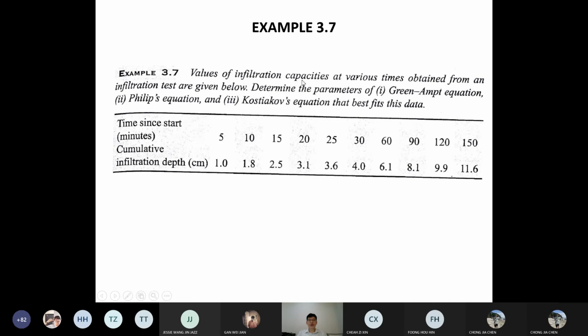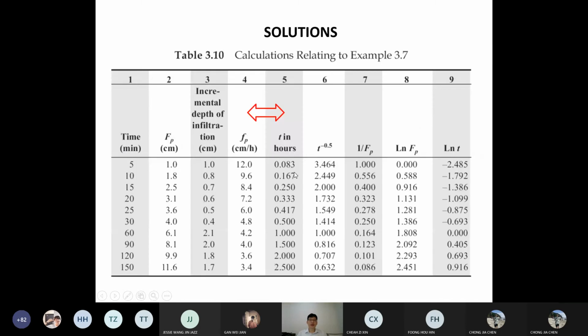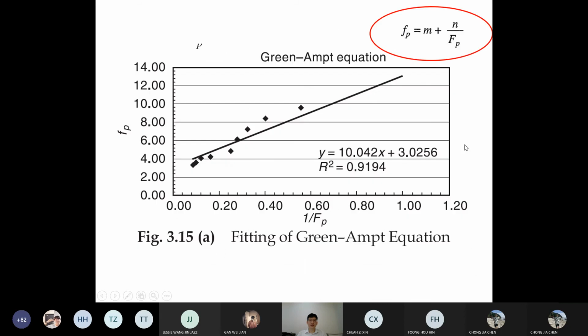You can see the values of the infiltration capacity at various times obtained from an infiltration test are given below. Determine the parameters. Now they try to use other equations: Green-Ampt, Philip, and Kostiakov. They give the times and the cumulative infiltration depth, and you just do the same calculations based on their requirements. t to the power of minus 0.5 and so on. For Green-Ampt, infiltration capacity is not changed with time but with 1 over Fp.